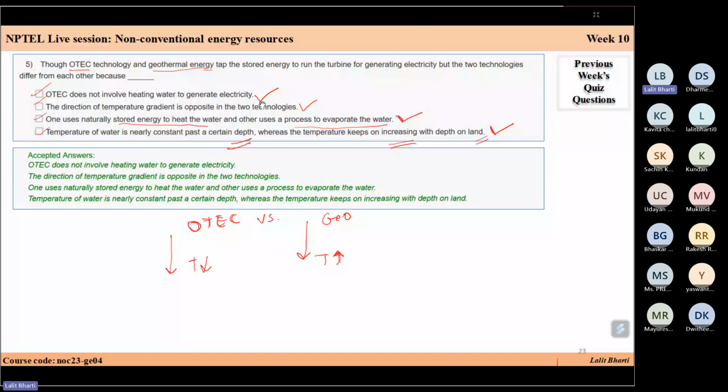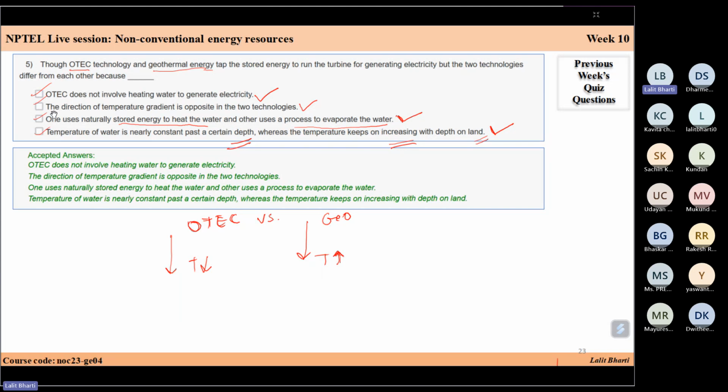Yes, that is correct, because OTEC works on the difference of temperature at different depths of water in the sea. So it doesn't involve heating of water, but in geothermal, you have high temperatures beneath the Earth's surface. So if you have any fluid, let's say water, it will be heated and may be converted into steam in the case of geothermal energy. So that option is correct.